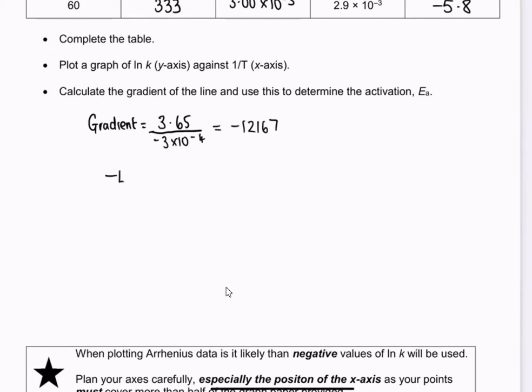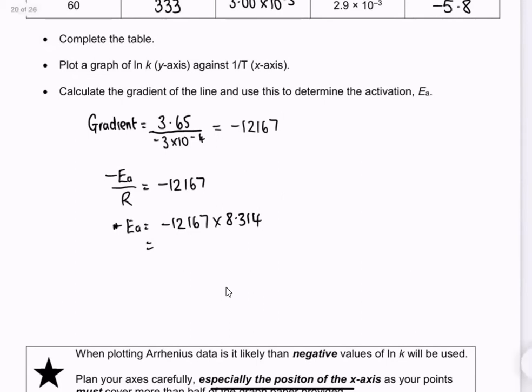I now need to remember that that is equal to minus Ea over R, minus 12167. So minus Ea is going to be minus 12167 times the gas constant 8.314. So I'm going to do that on my calculator.